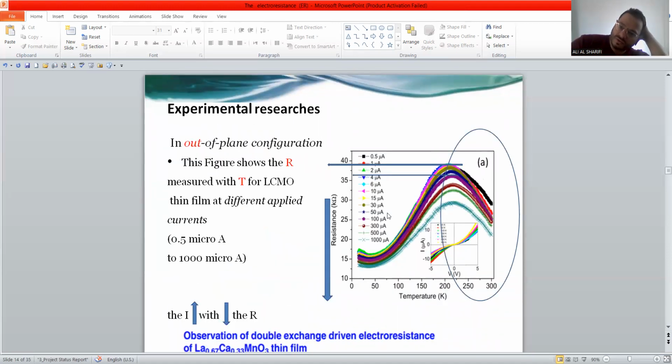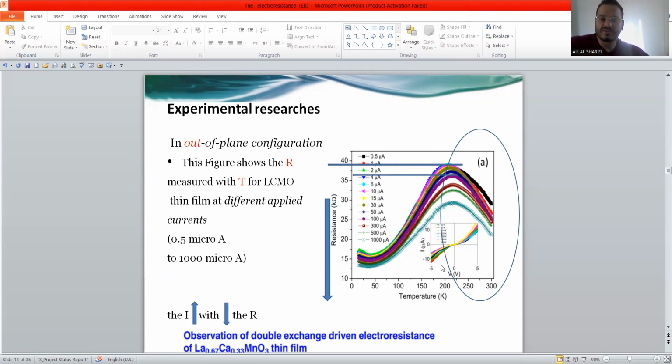Here let's talk about the high temperature and out of plane. This figure shows the measurement with temperature. Here at the top is the insulating to metallic transition temperature. That means it is insulating and then metallic.